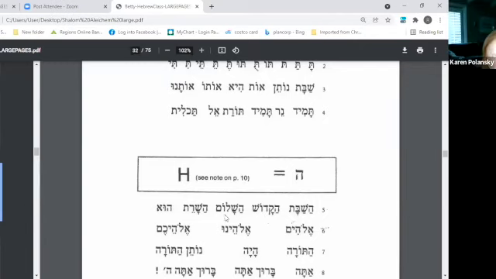This one is Shalom. HaShabbat. Exactly. All they've done is put the hey in front of it. Got it? And this one is Vav. Okay, what's this one? Elohim.